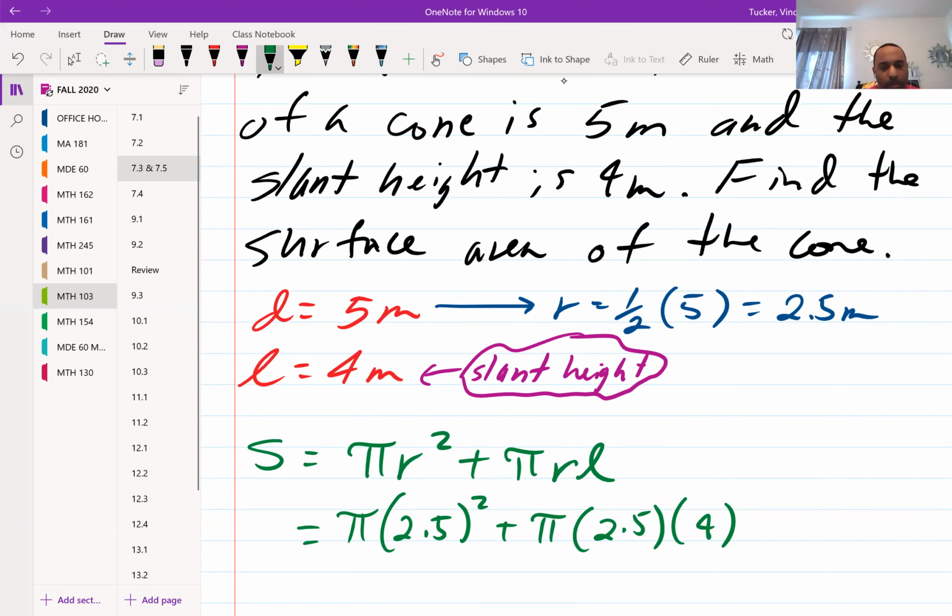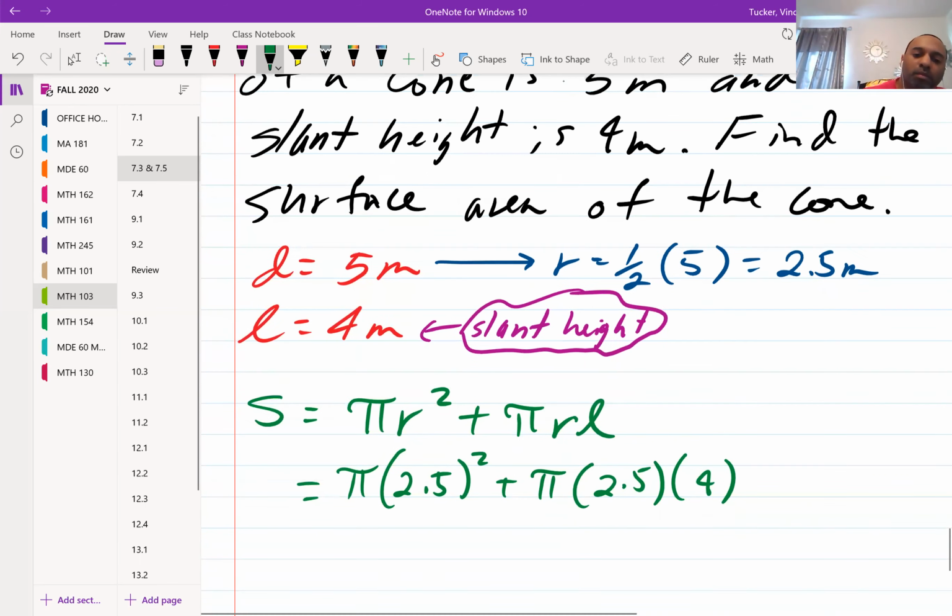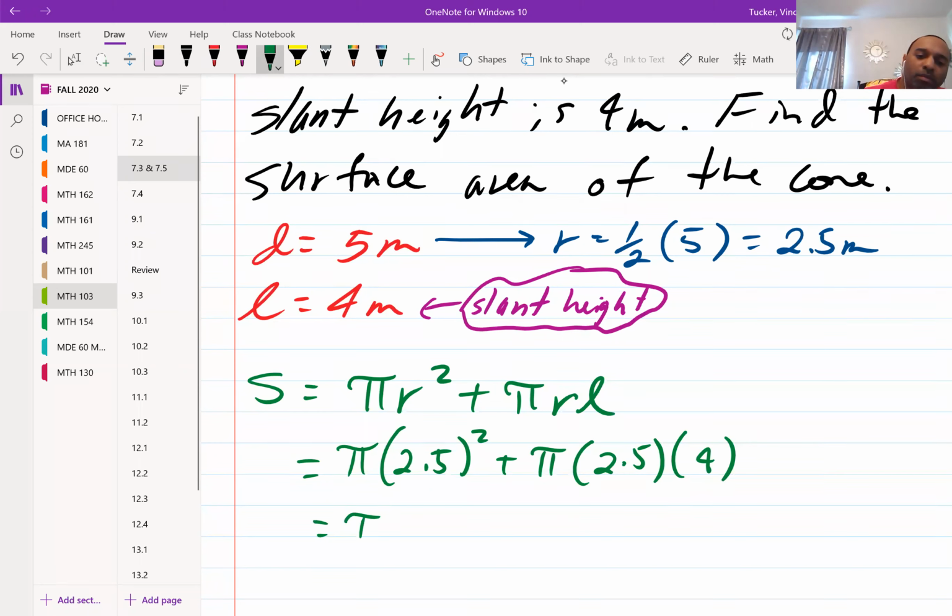So pi times 2.5 squared plus pi times 2.5 times 4. So 2.5 squared is 6.25. 2.5 times 4 is 10.